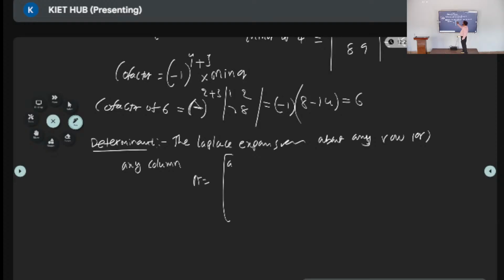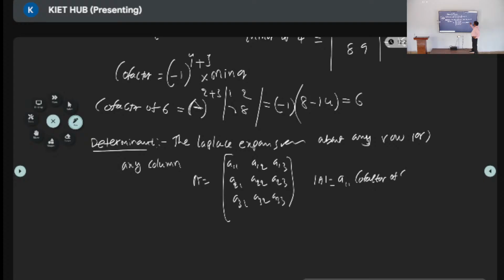A is the matrix with entries A11, A12, A13, A21, A22, A23, A31, A32, A33. What is the determinant expansion here? A11 into cofactor of A11, plus A12 into cofactor of A12, plus A13 into cofactor of A13.